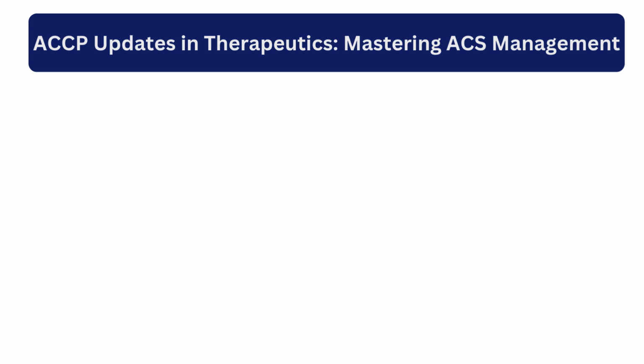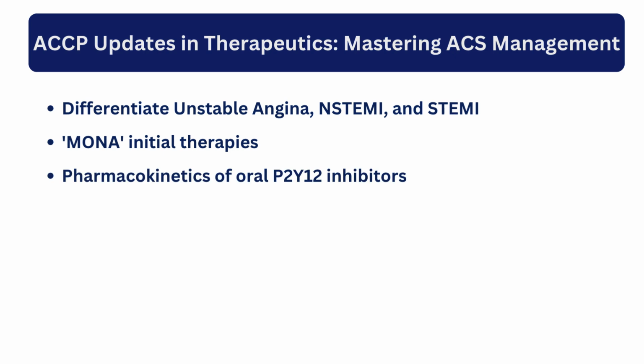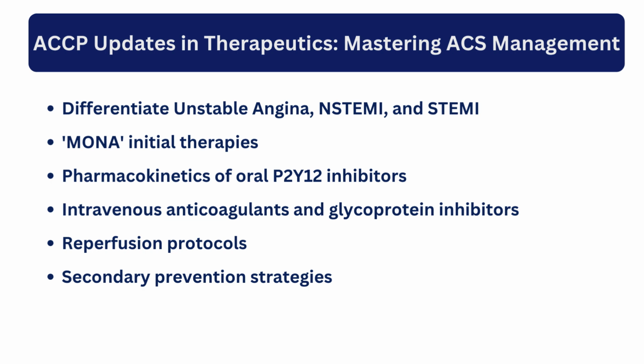Today, we are diving into a comprehensive masterclass on acute coronary syndrome based on the latest guidelines and clinical updates from the American College of Clinical Pharmacy. We will cover everything: how to differentiate unstable angina, non-STEMI, and STEMI, the classic MONA initial therapies, the deep pharmacokinetics of oral P2Y12 inhibitors, the role of intravenous anticoagulants and glycoprotein inhibitors, reperfusion protocols, and long-term secondary prevention strategies.